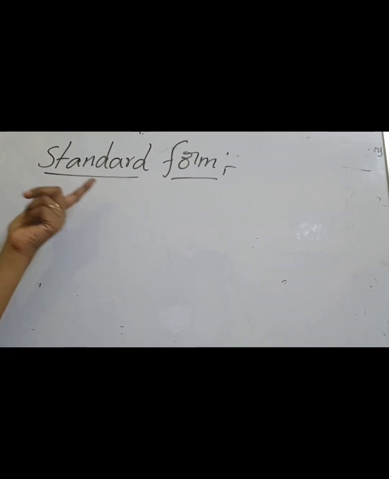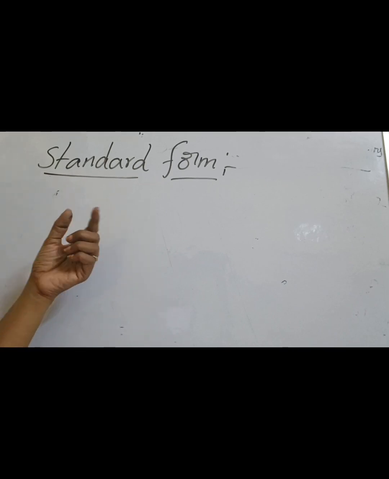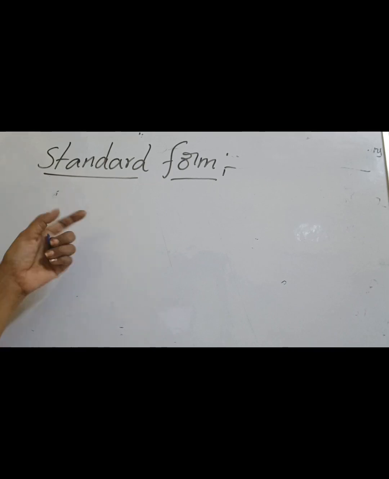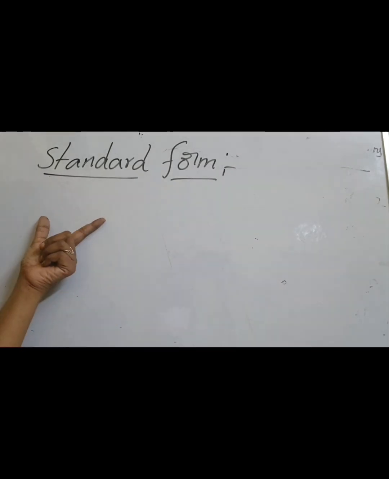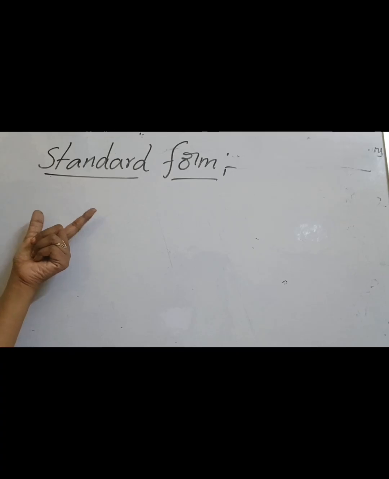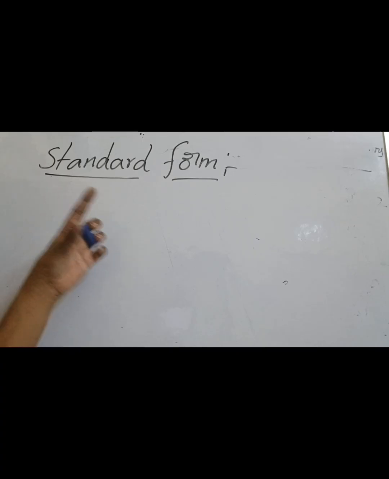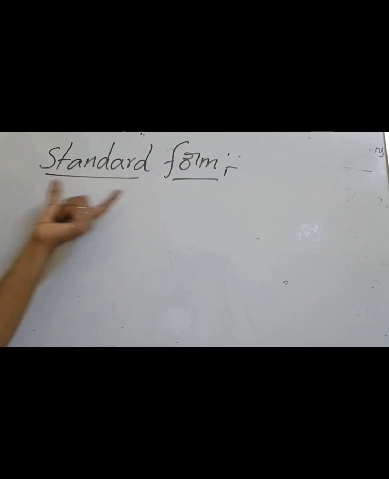Usually we know the standard form for fractions and decimals. In that way, here also we have a standard form for algebraic expressions: whenever we arrange the terms in descending order, it is in standard form.